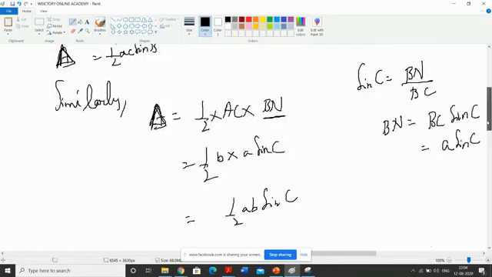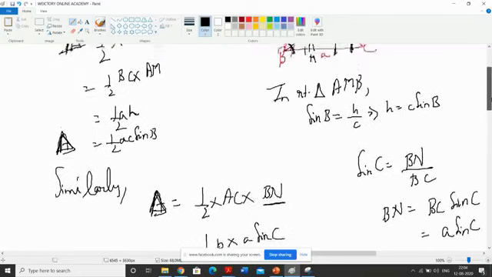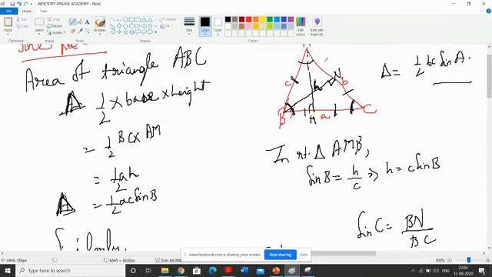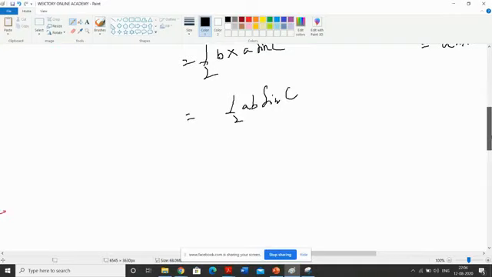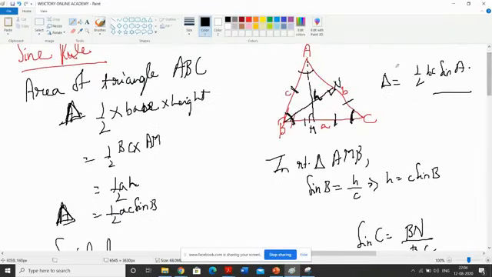Okay, so there are three formulas we came to know for the same triangle. These are three different ways of finding the area of same triangle. So these formulas have to be equal because the area of the triangle will not change if we are using different methods to find out the area.